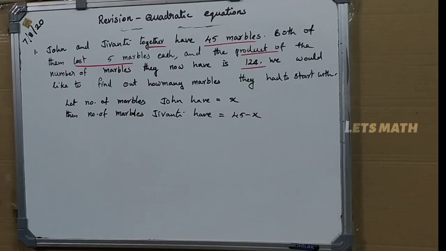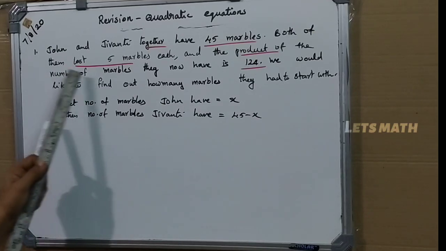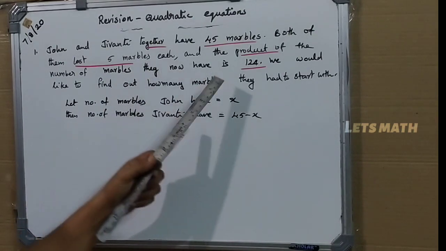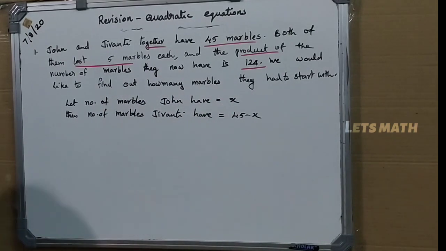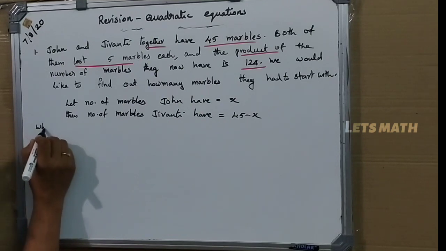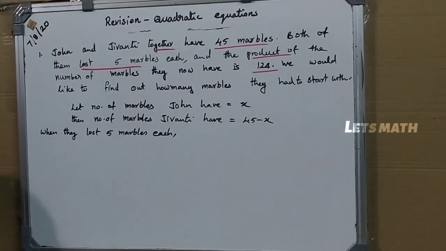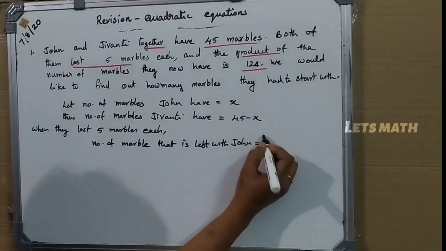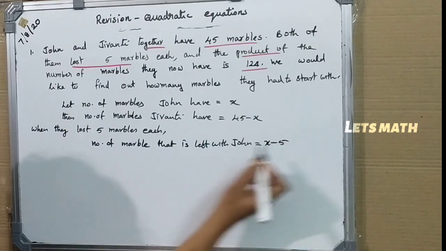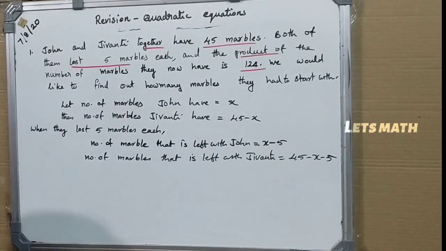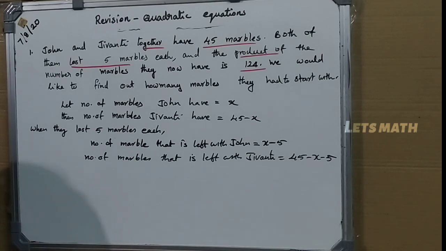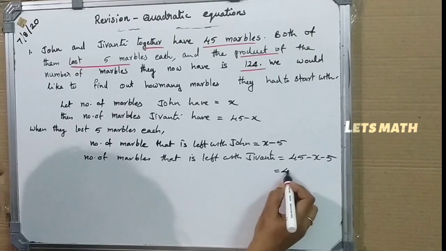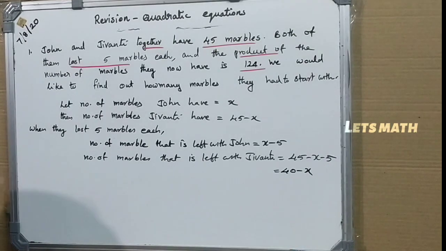Now, when they lose 5 marbles each, as per the condition given here, the product of the number of marbles is 124. So when they lost 5 marbles each, the number of marbles left with John is x minus 5. The number left with Jivanti is 45 minus x minus 5, that is 40 minus x.